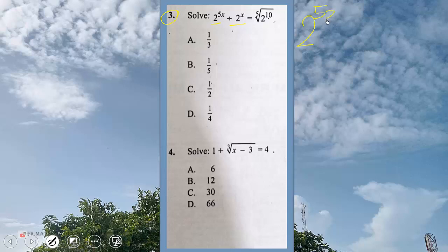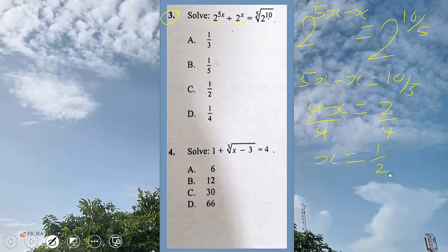So 5x minus x is equal to 2 exponent 10 over 5. So we equate the exponents since the bases are the same. We have 4x is equal to 2. Dividing both sides by 4, you get x to be equal to 1 over 2. So the correct answer is C.